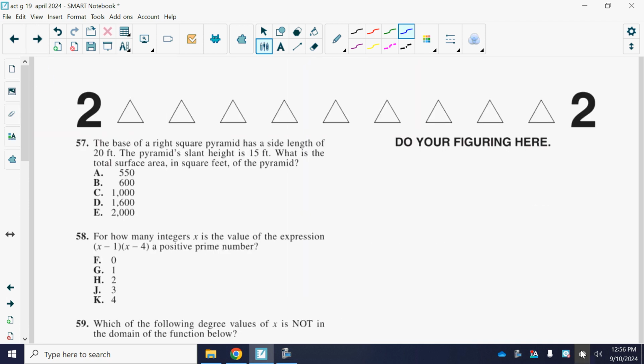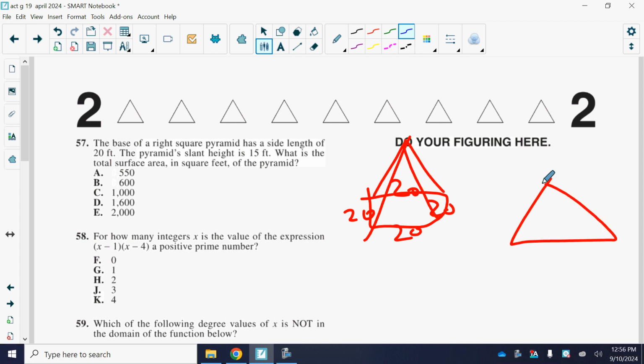To the bitter end. A square pyramid has sides of 20, and then the slant height, the height running from the top down to the middle, is 15. So what do you have to make the area?